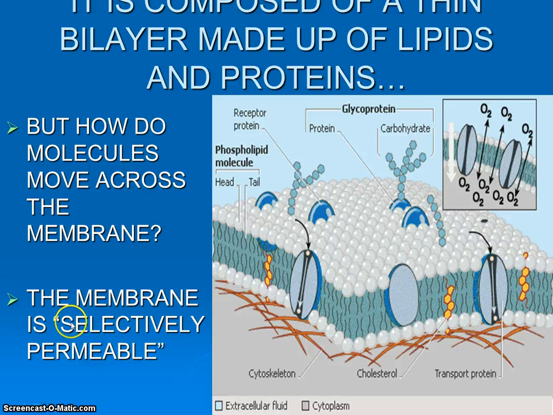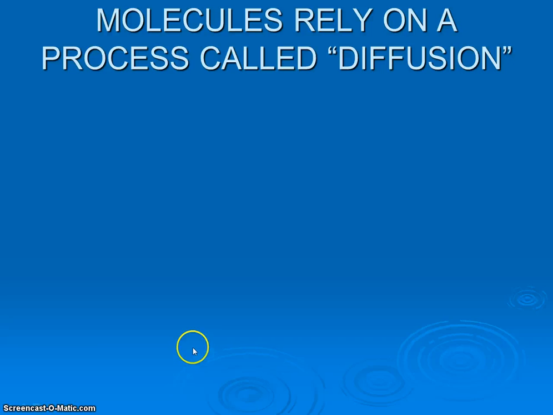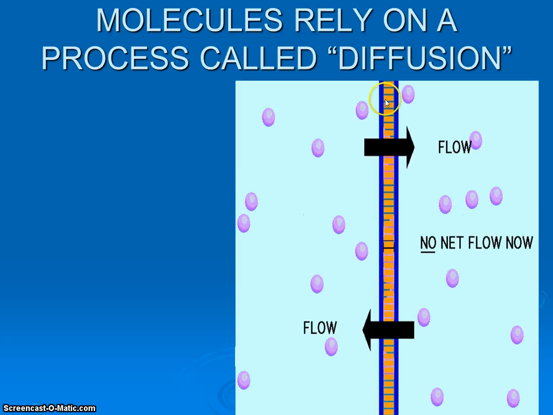Remember, we don't want to personify the cell membrane, but it's almost as if the membrane picks and chooses what can permeate, what can get across the cell membrane. And we want to look at how that works. But before we do that, we've got to be aware of the basic rule of how and why any molecules move around, and that is based on the concept of diffusion.